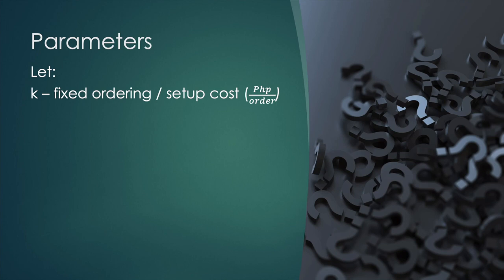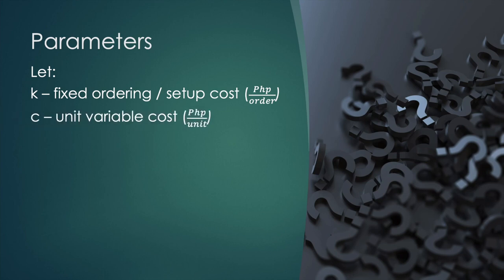In the case of Mortimer Middleman, that is the $2,000 trip cost, because whether Mortimer orders a lot or just a few, he will still have to book his trip to Belgium, stay in a hotel, go to the supplier, etc. And that is 2,000. In general, we will denote the fixed ordering or setup cost by the constant K.